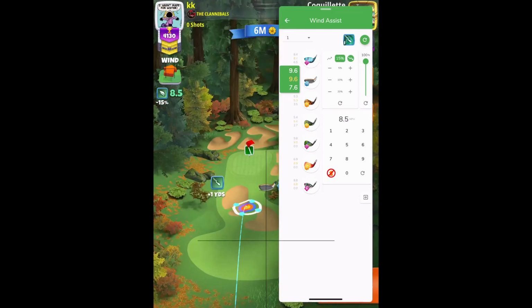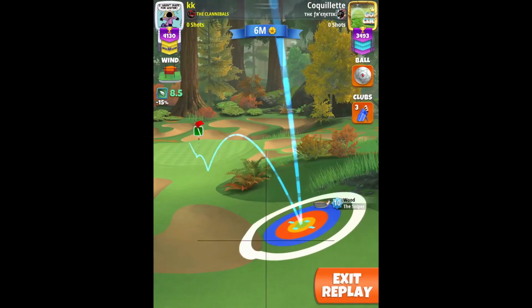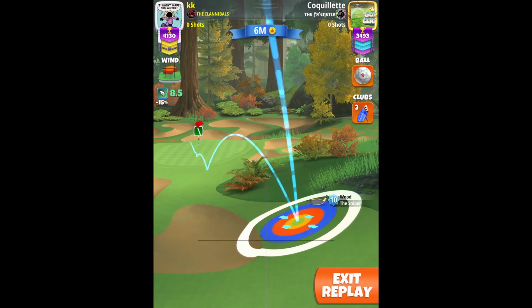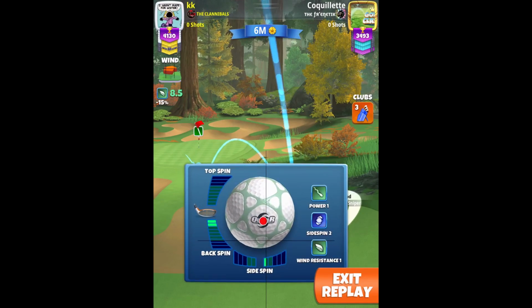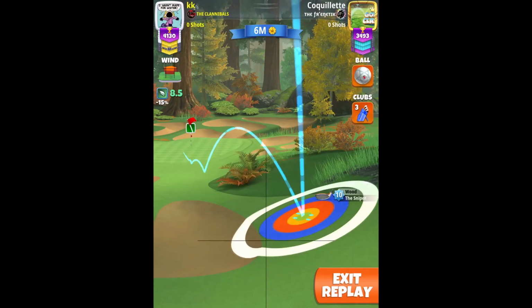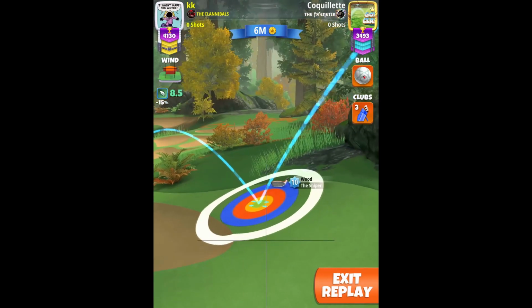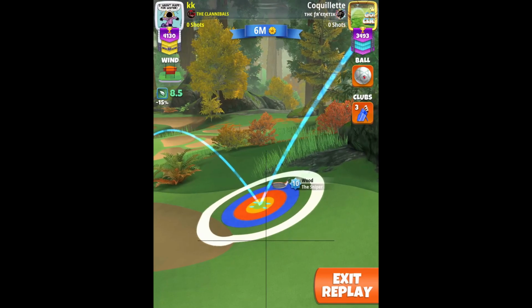And here's a tailwind shot that we're setting up with the sniper like we did previously. And I'm going to do 1 right spin and 2 back spin. And I'm going to adjust plus 15% max.